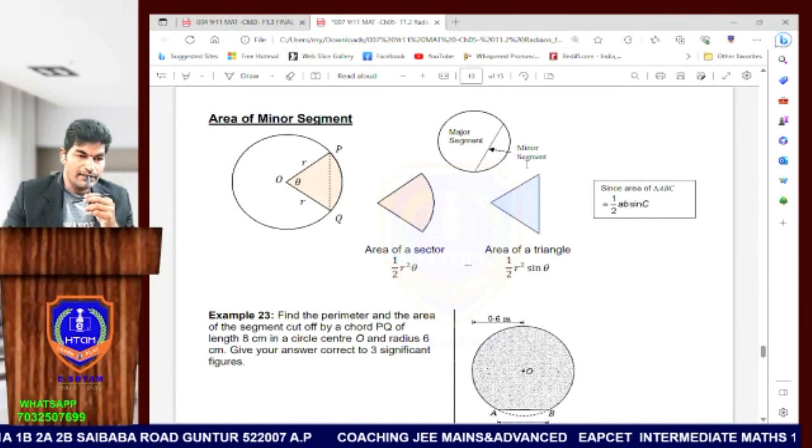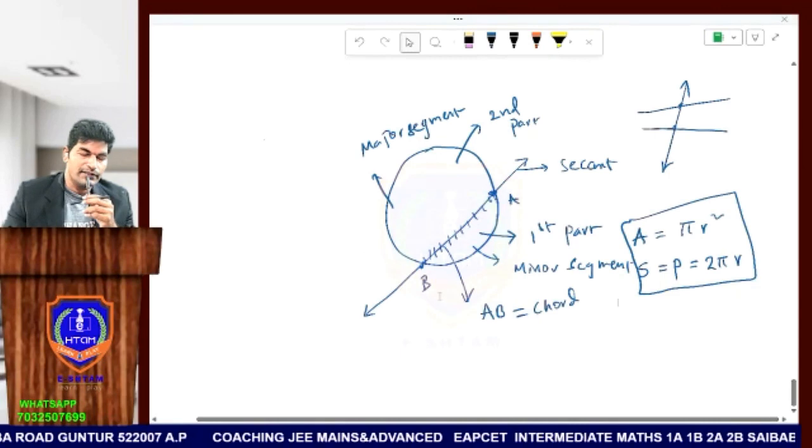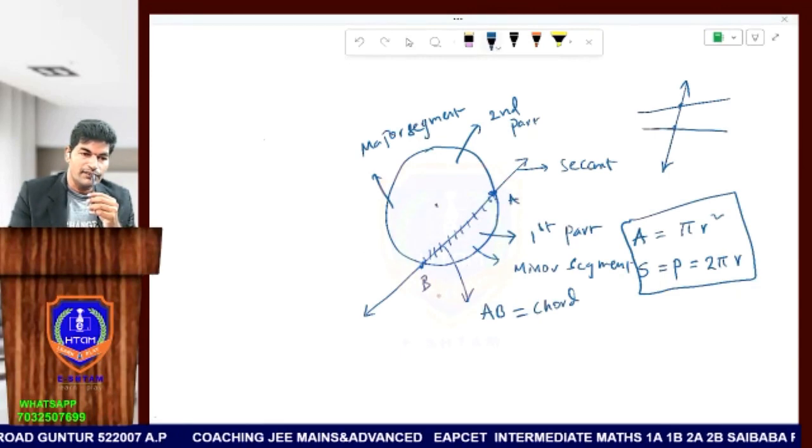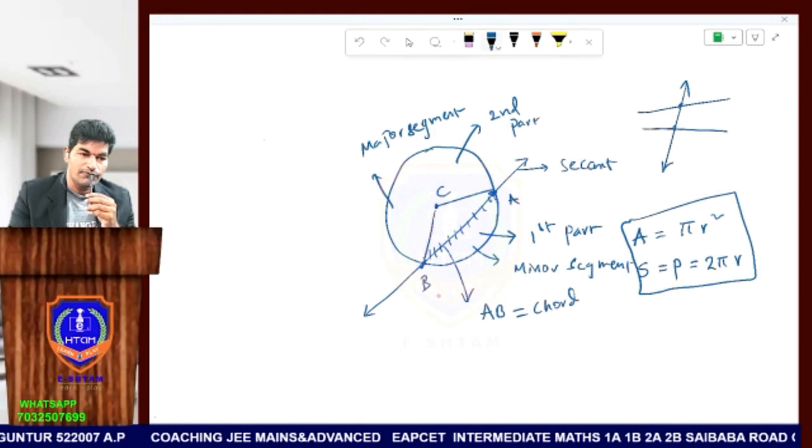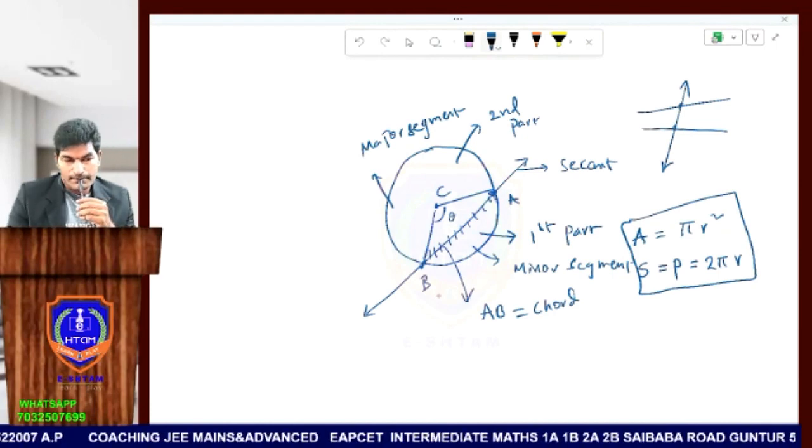So look at this minor segment, major segment, and this chord PQ. A transversal or secant line cuts the circle at P and Q. If you join these 2 points with the center, C being the center, AB is called a sector.